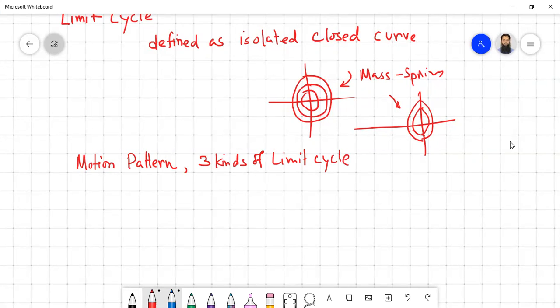The first one is called a stable limit cycle. As time goes to infinity, all the trajectories in the vicinity of the limit cycle converge to it.